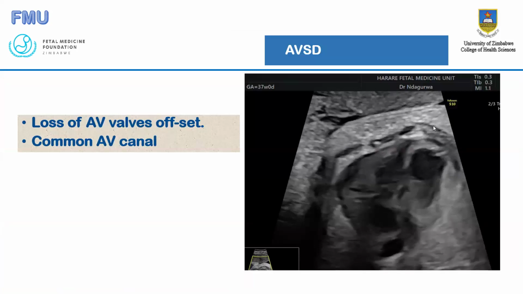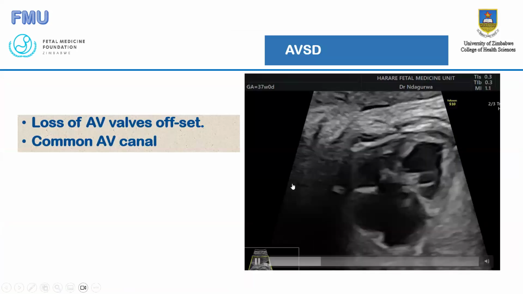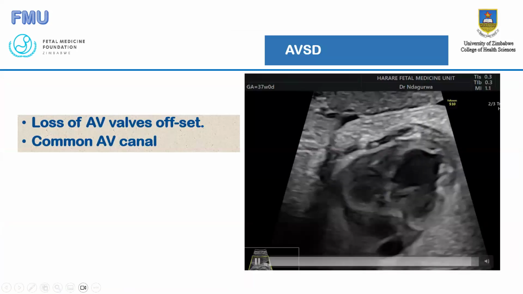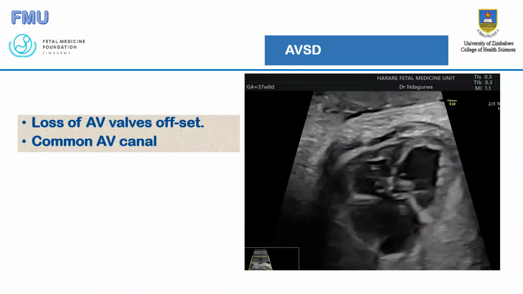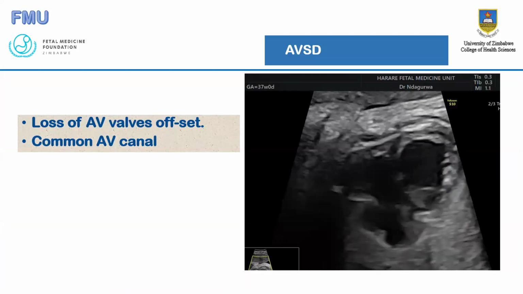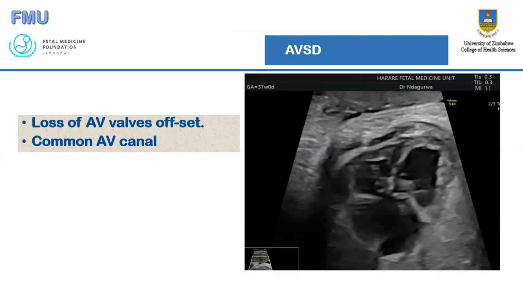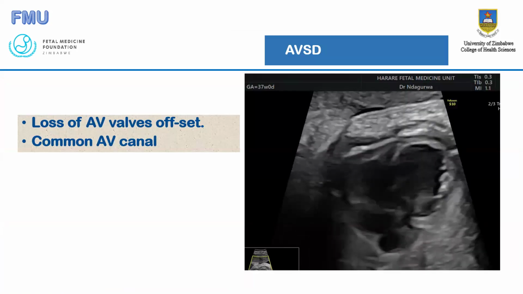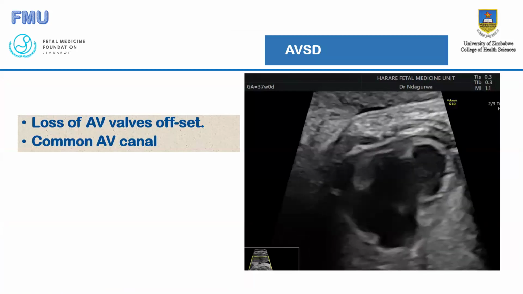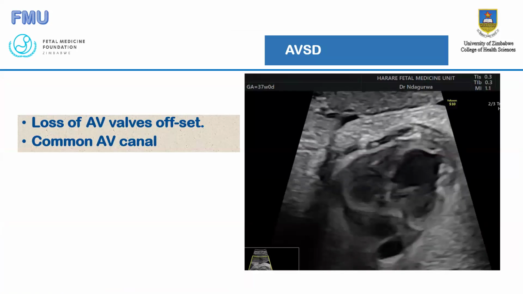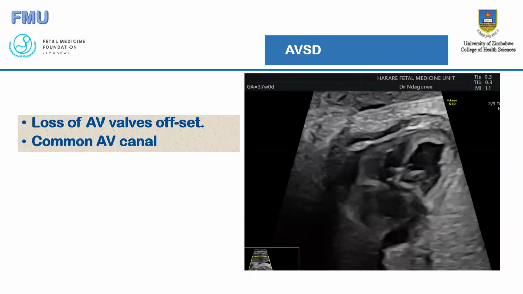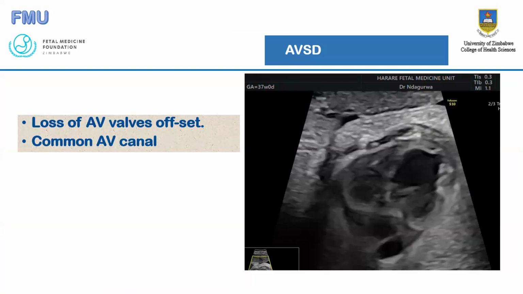Just one clever person to tell us, what are we seeing? Is this a normal 4-chamber view? I'm sorry, it's not looping nicely there, but what is abnormal about the heart? From what we have just said, just check understanding. What can you see?